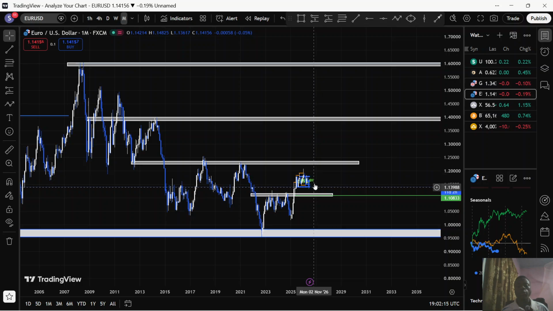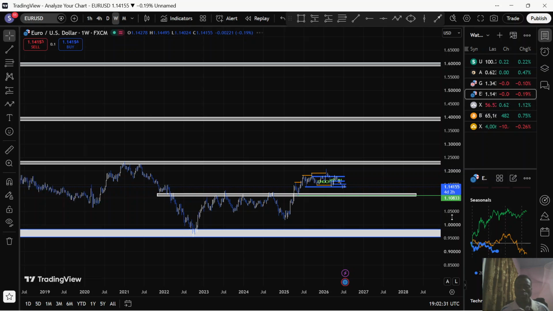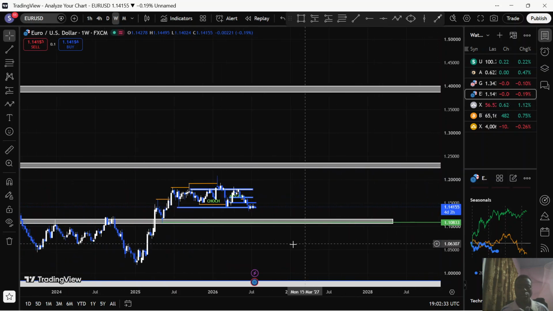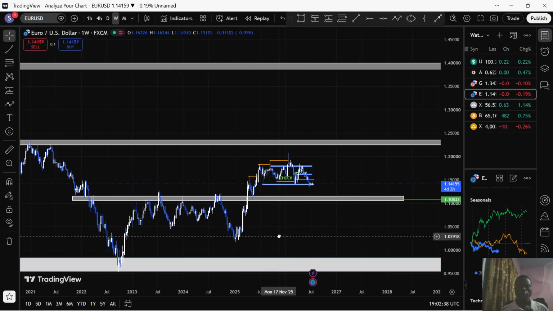But remember, before this up move happens, there should be a pullback that is going to give the market the momentum to push up all the way to this zone. So let's go down to the weekly and see where that pullback is supposed to happen. So here is my weekly zone where I'll be expecting the pullback to happen before the market eventually pushes up here.